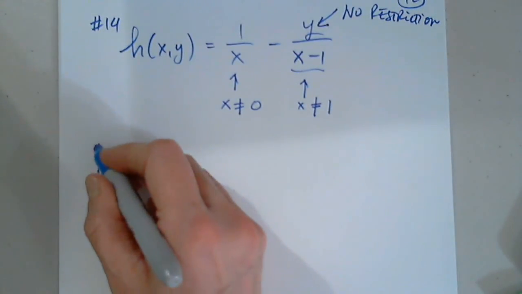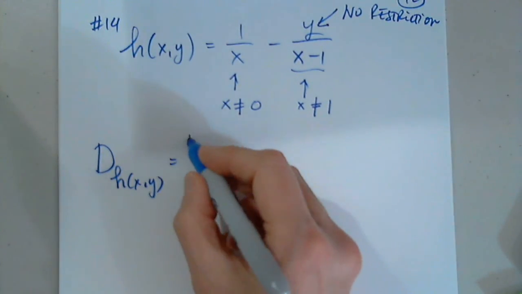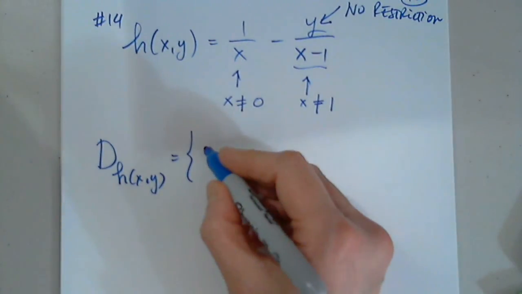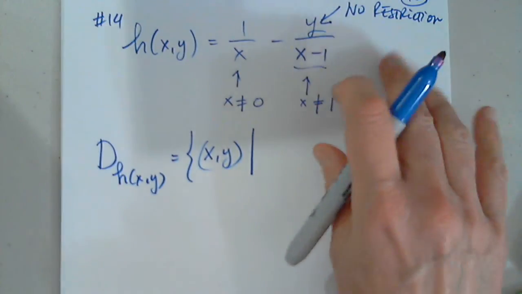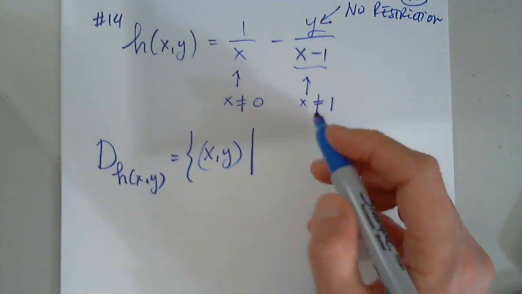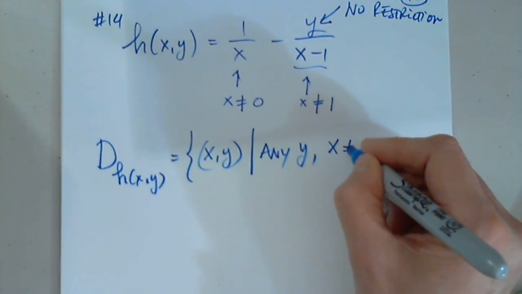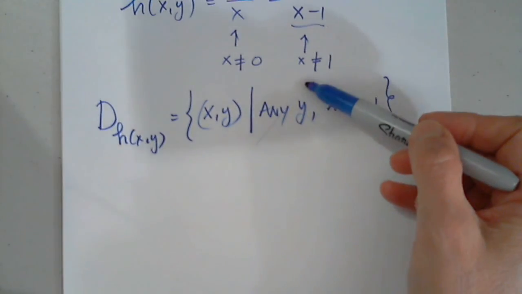So I will say the domain of h, x comma y, is, and we write it as ordered pairs, so any ordered pair x comma y, no restriction, I don't have anything to say about y, any y if you want, but x cannot be 0 or 1. You don't have to write this part.